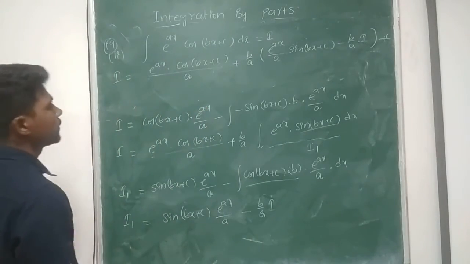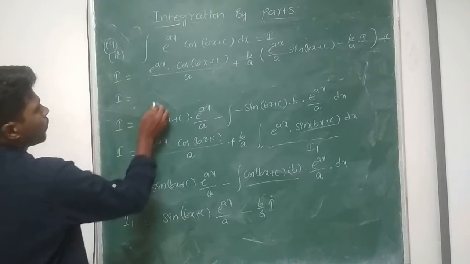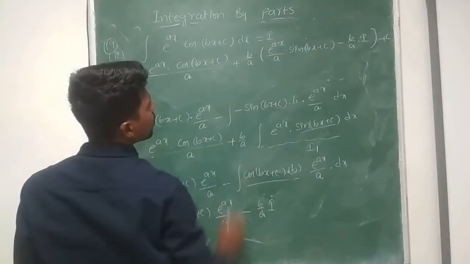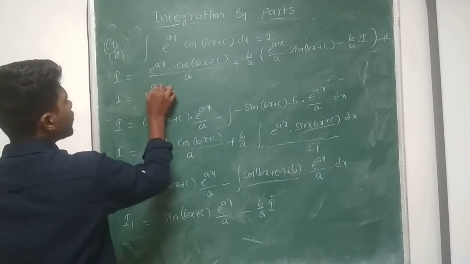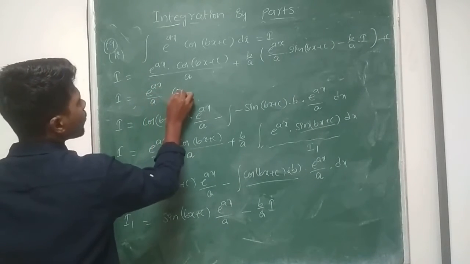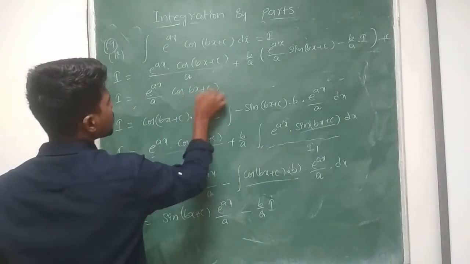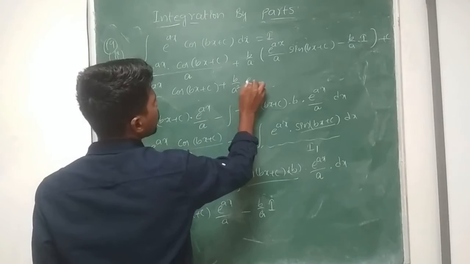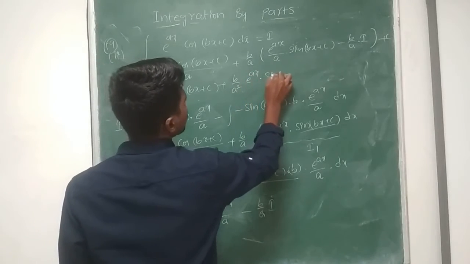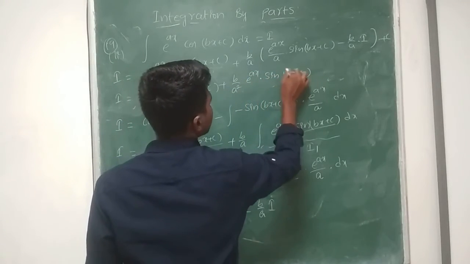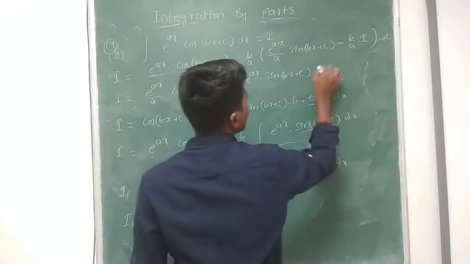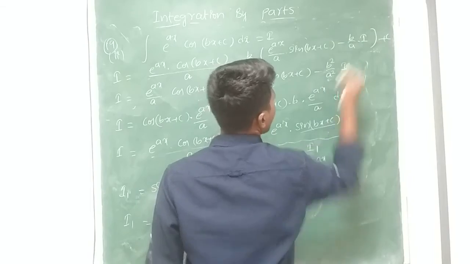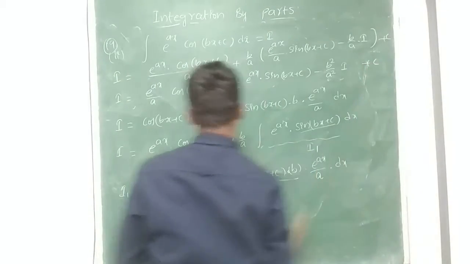Now start simplifying. Here I have e power ax, here also I have e power ax. First let me simplify this. I is equal to e power ax by a cos(bx plus c) plus b by a square into e power ax into sin(bx plus c) plus, into minus minus, b square by a square I, plus a constant c.